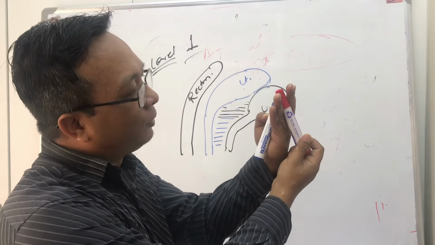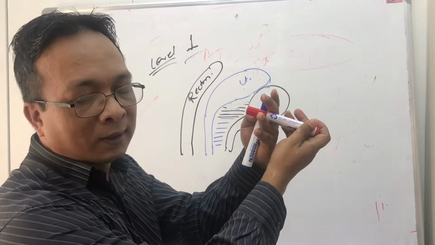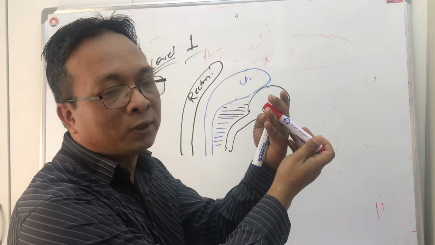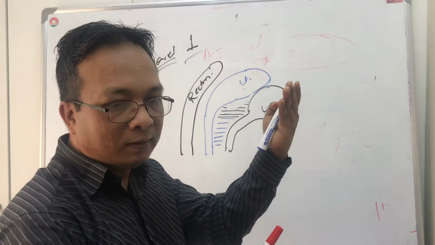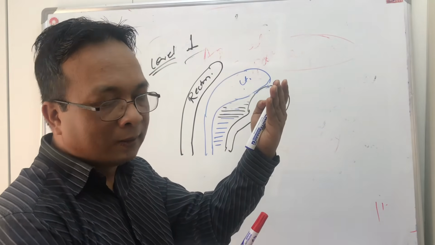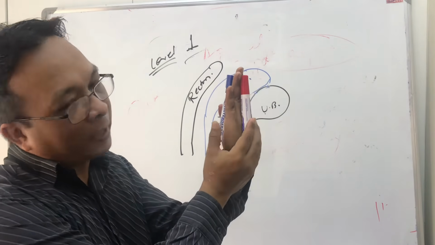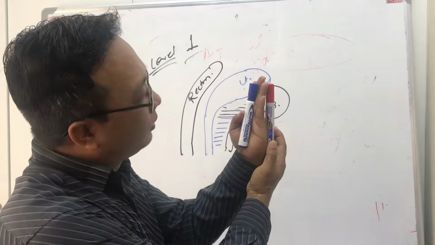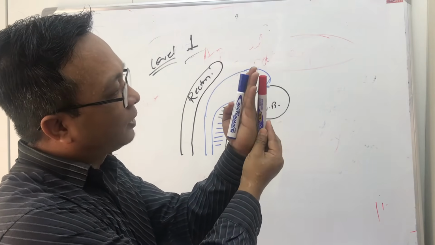So when the urinary bladder is coming out of that gap, because there is a tear here, we call it a cystocele. So when you say urinary bladder prolapse, it's not coming through the urethral opening. Remember, cystocele means the urinary bladder comes out through a tear in this septum, the gap between the uterus and the bladder. This is the uterus, this is the urinary bladder, and there is a septum here.